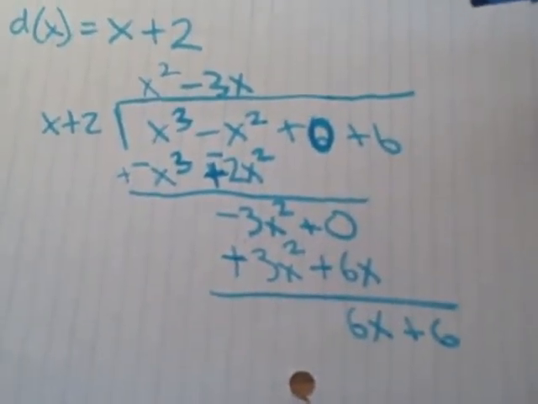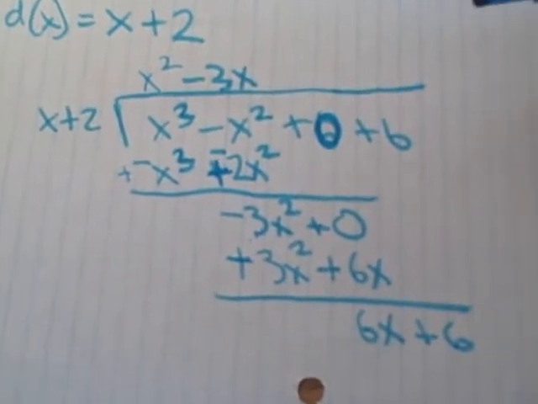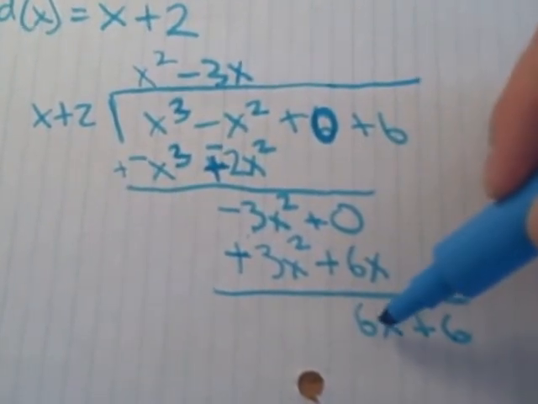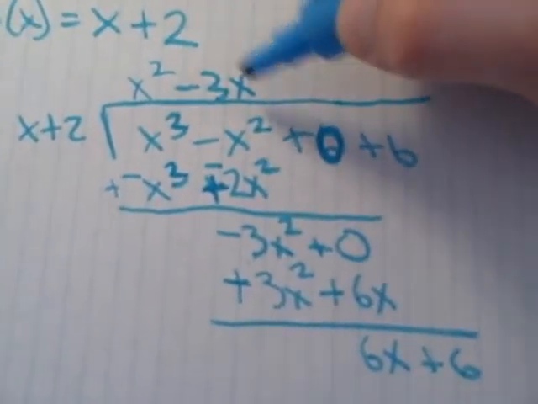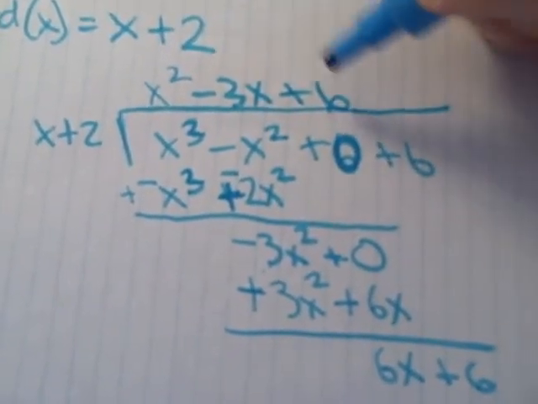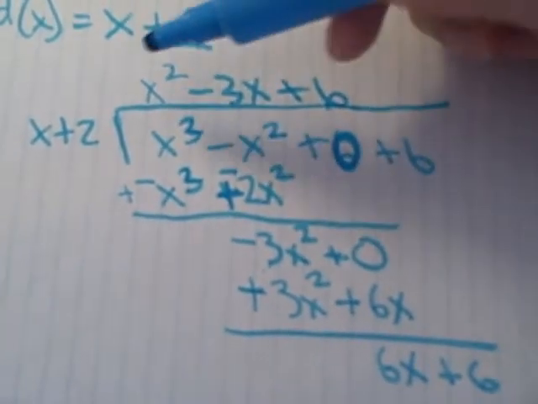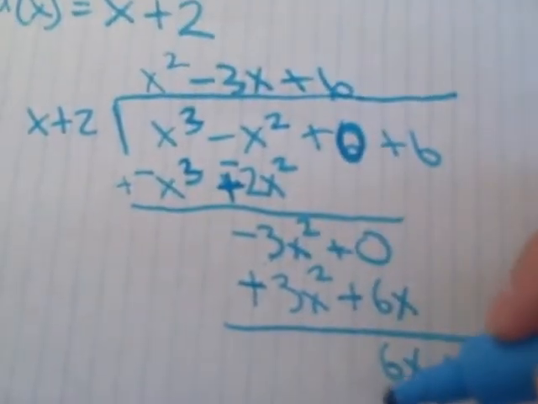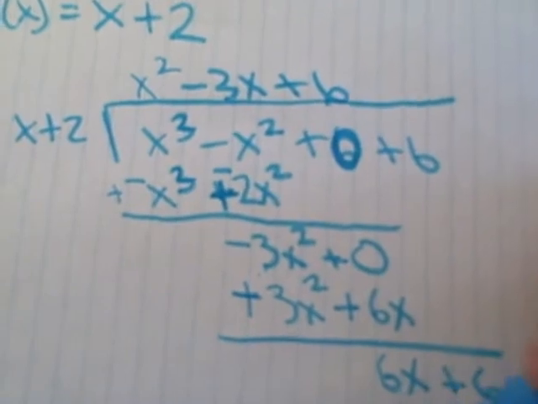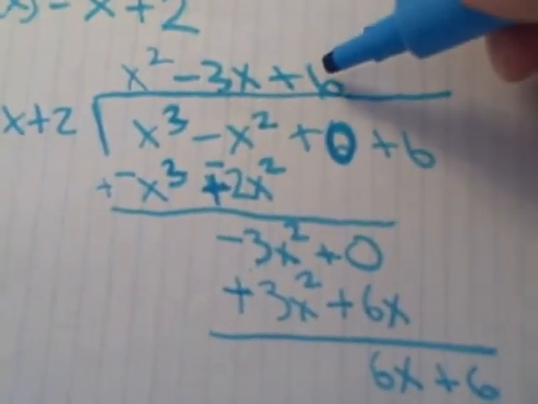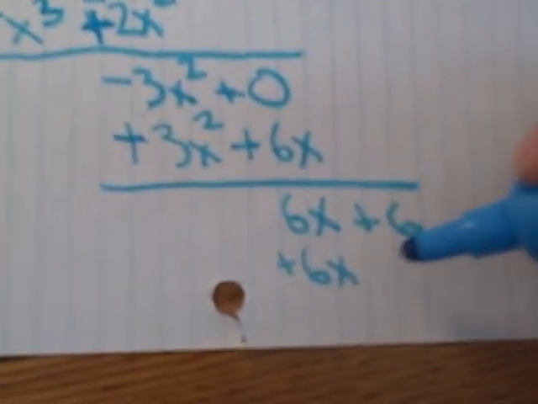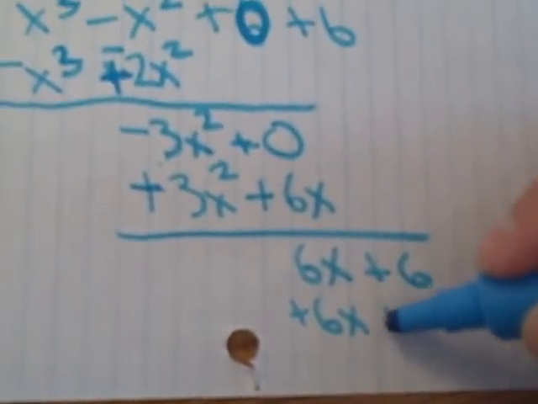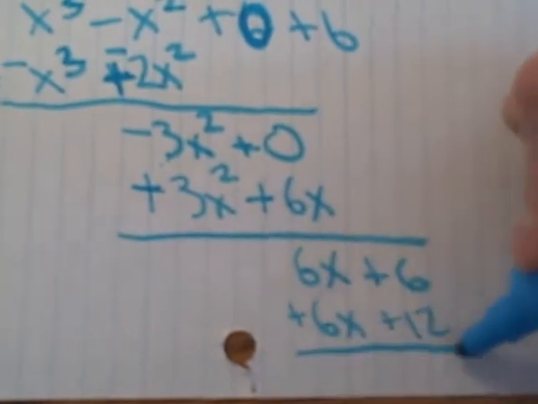So there's an overview of our problem right there. So to get 6x, you would multiply x by positive 6. So positive 6 times x would be plus 6x. And then the 6 times the 2 would bring it down to plus 12.